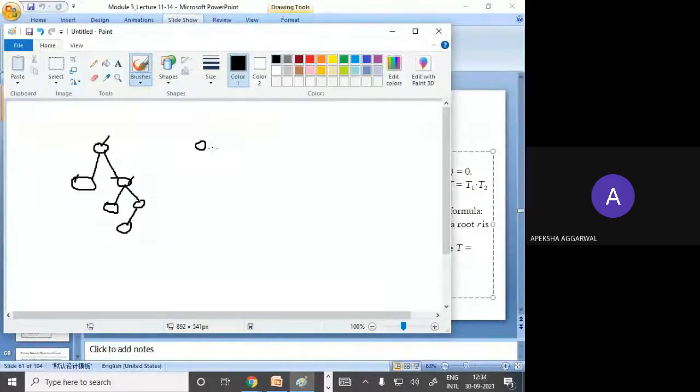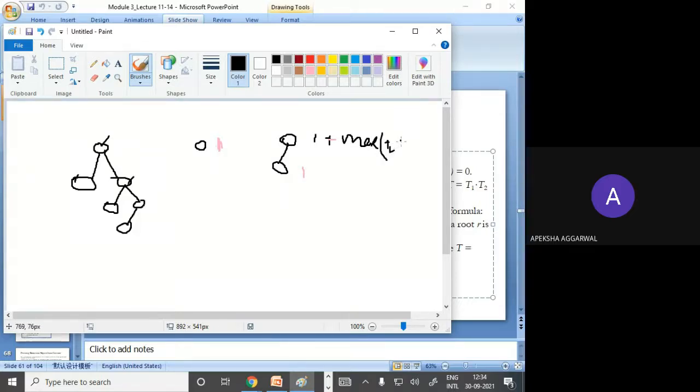Now have a look at this example. The height of this is 1. Now you have another tree having node 1 and node 2. The height of this would be 1 plus max of height of left and height of right. I represent height by pink color. The height of this node is 1, and 1 plus max of T1 and T2.